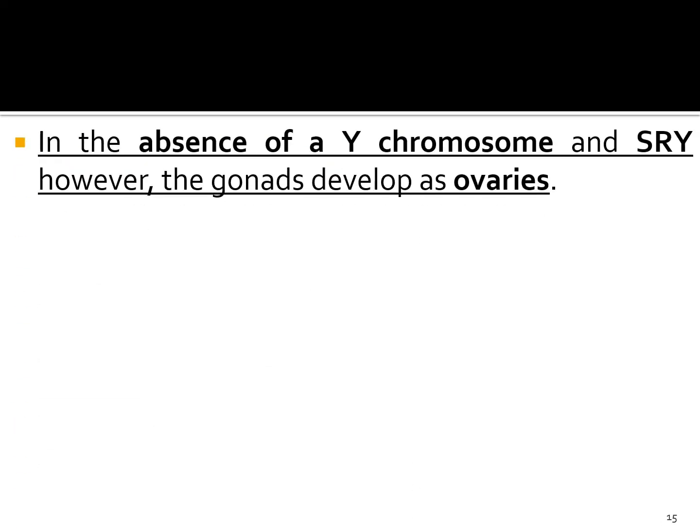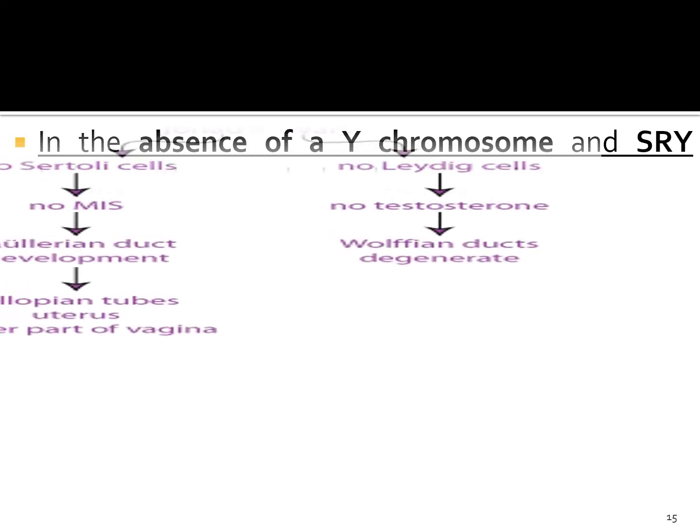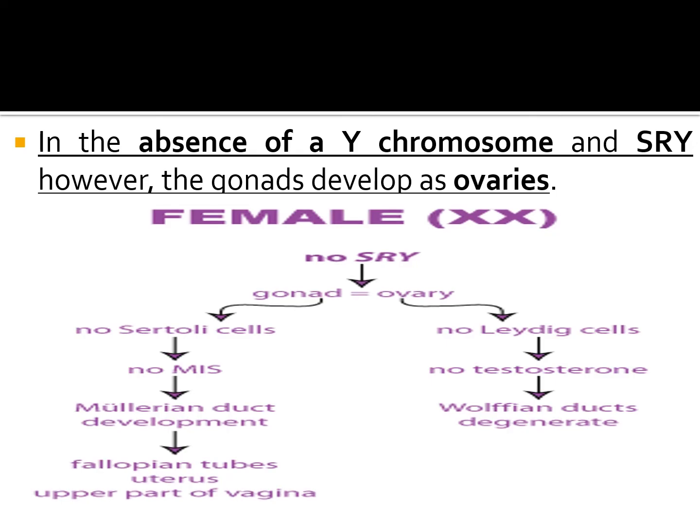But in the absence of a Y chromosome and the SRY gene, the gonads will develop as ovaries. Because there will be no Sertoli cells and no influence of the MIS hormone, the Mullerian duct will continue to develop and produce the fallopian tubes, uterus, and other parts of the female reproductive organs.